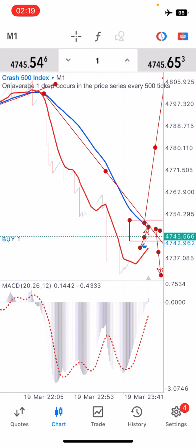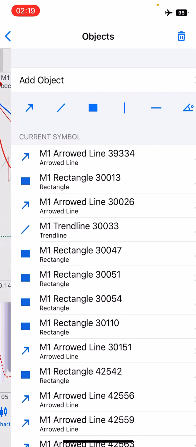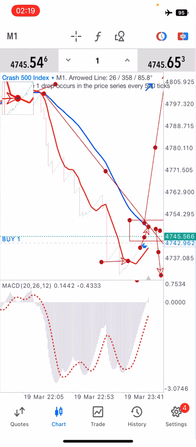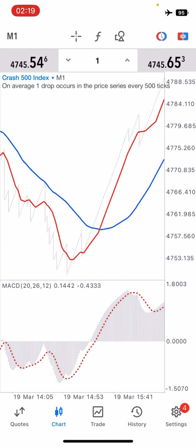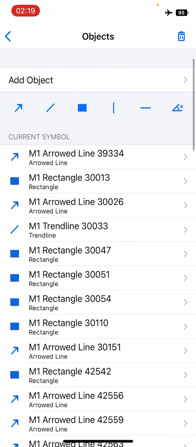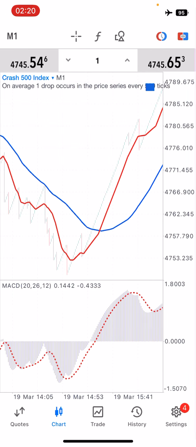I was actually late. I actually wanted to enter this trade around here, but like I said, it's around 2 a.m. guys, early in the morning, so I missed it by a few minutes, but that was my initial thought. So on Crash, like I said, if you want to buy, it's a little bit the opposite of Boom. This time we're going to look at price relationship or position.